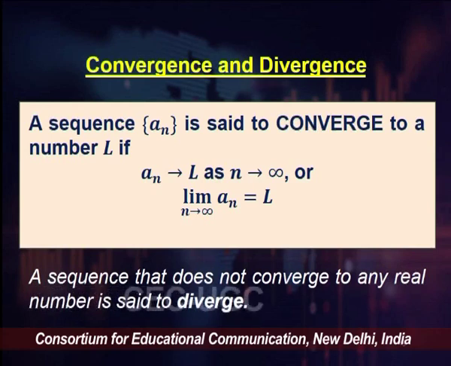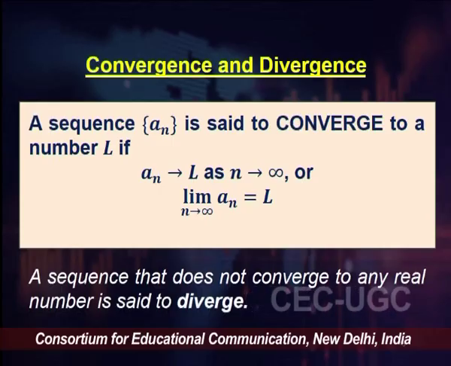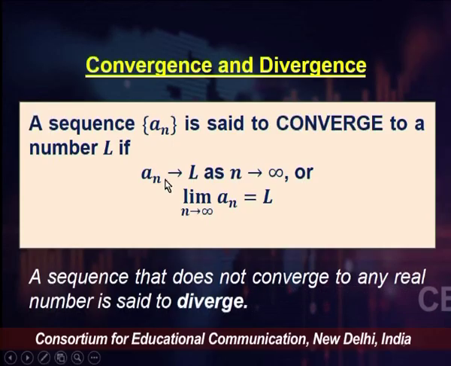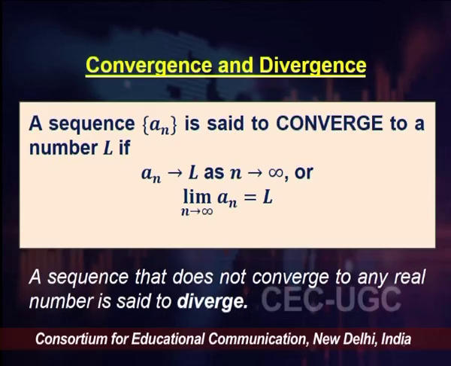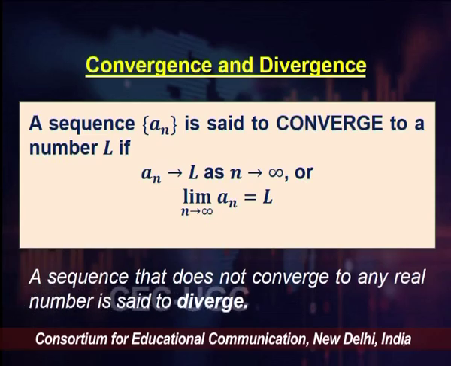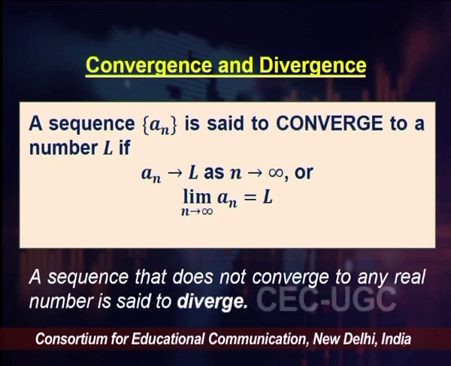The sequence converges to a number L if in the limit a n, the general term, tends to the number L as n approaches infinity, or the limit of a n as n approaches infinity is L. So basically, we are looking at whether the sequence tends to a single value, a unique real number, for convergence. And as you can see from this definition, if this sequence does not converge to any real number, then we say it does not converge, or it is said to diverge.